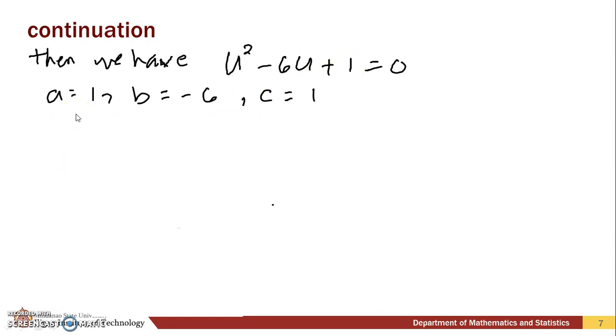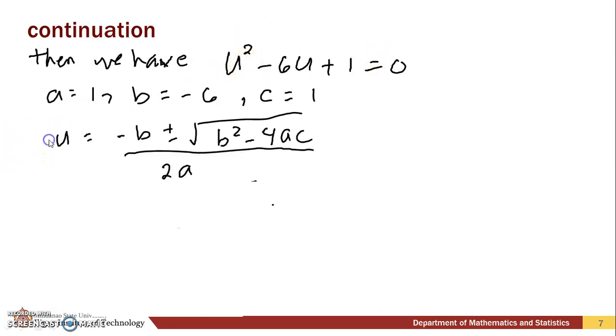The quadratic formula says x is equal to minus b plus or minus the square root of b squared minus 4ac, all over 2a. But in this case, because we have a quantity u, we can rewrite this as u equals minus b plus or minus the square root of b squared minus 4ac all over 2a. We now can replace the values here.